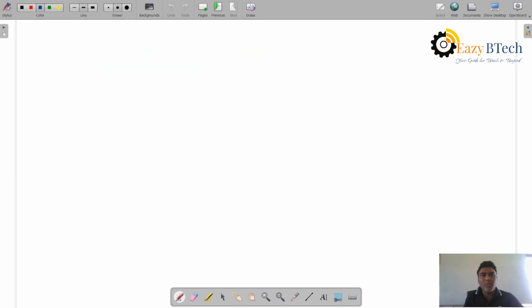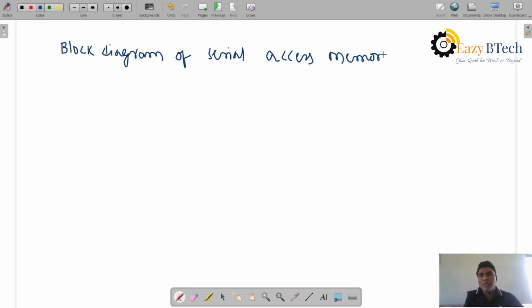Let us see the block diagram of serial access memories. The first one is serial in, serial out.